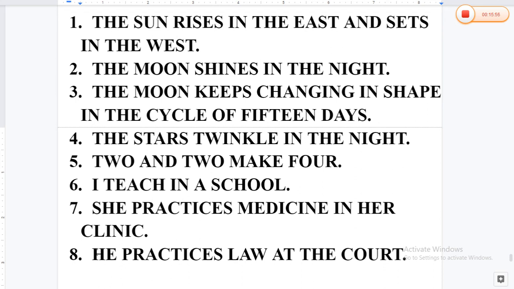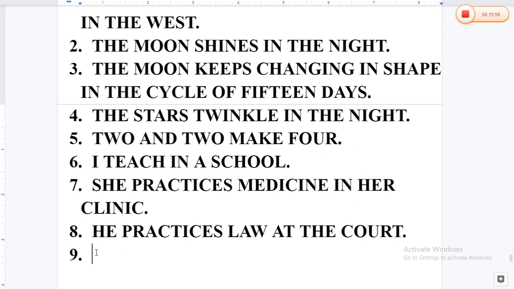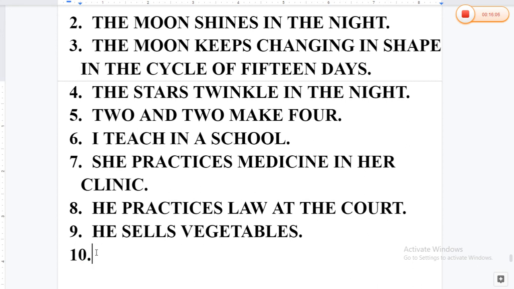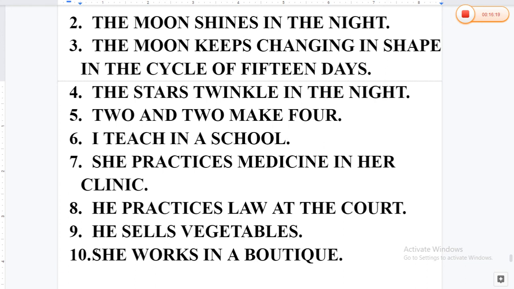Some more examples: He sells vegetables. She works in a boutique. These are examples of occupation.